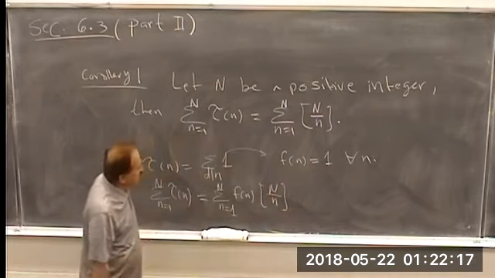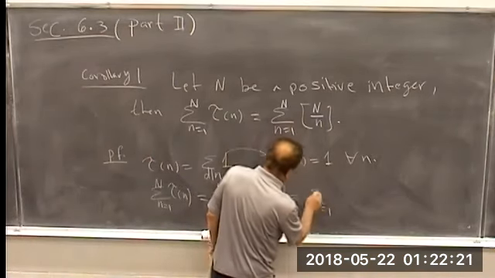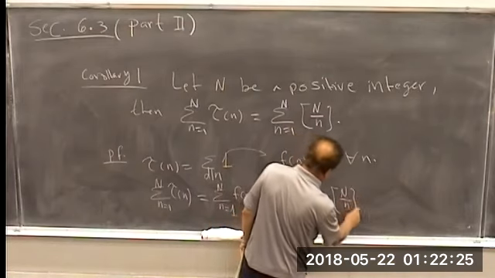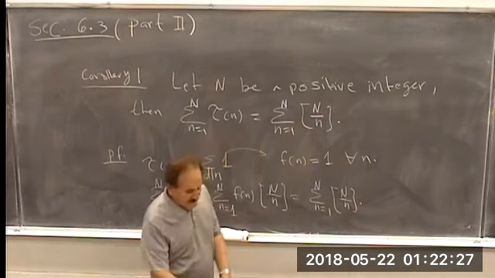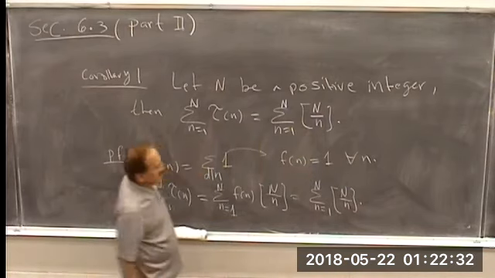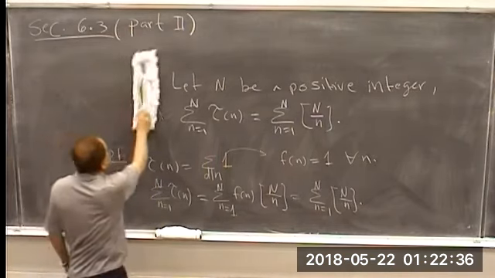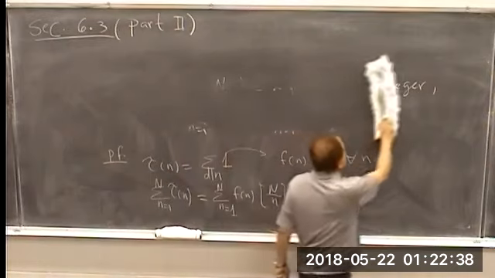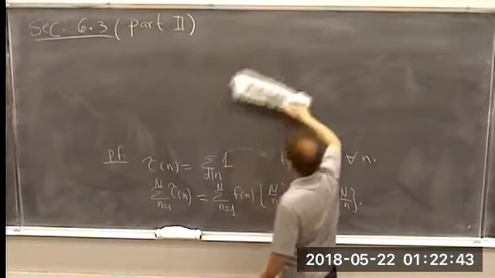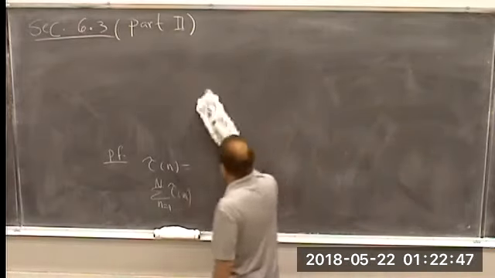But f of n is equal to 1, so this is equal to the sum n equal 1 to capital N of N over n. Let's look at an example of this. Just to verify, this is true by doing the counting, the summation using the values of tau, and then comparing it with what this formula is stating that sum should equal.